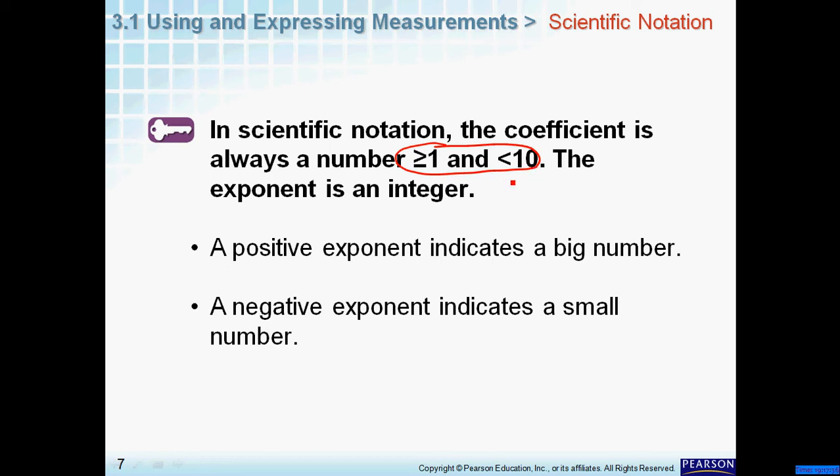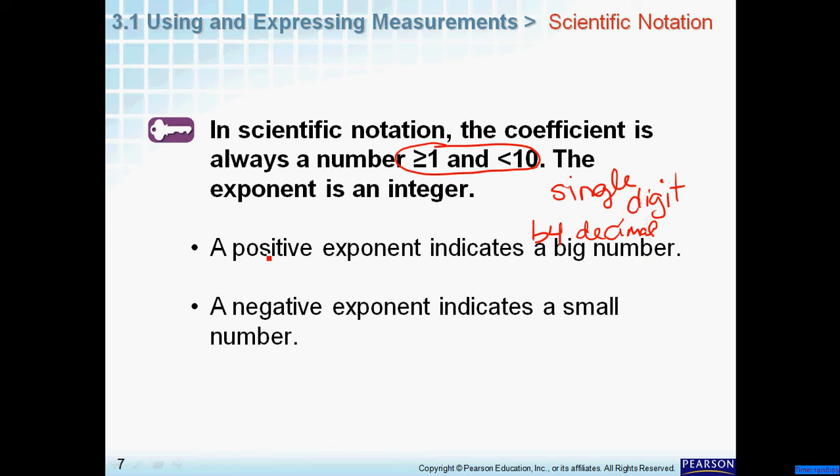So basically, you're looking at a single digit coefficient. A single digit before the decimal. That's the really important part. It's a single digit before the decimal.